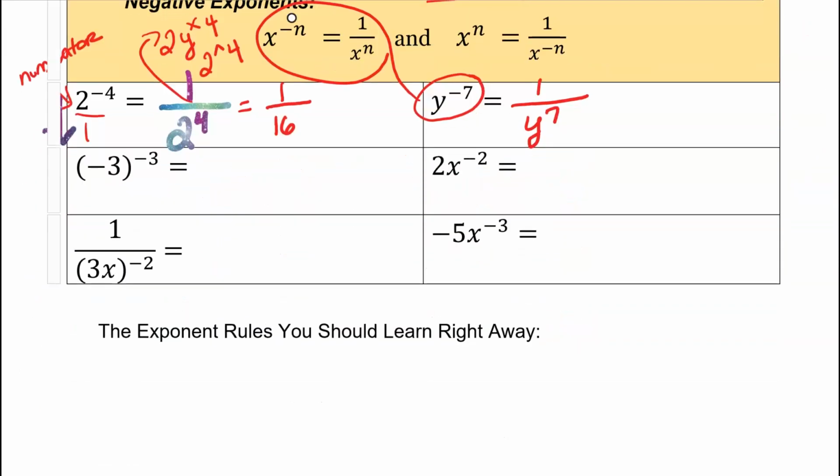Next, we have negative 3 to the negative 3 power. So notice all of this is inside of parentheses. One thing you could do is go ahead and drop all of this to the denominator. But what happens to your exponent? It's no longer negative 3. It's positive 3, right? And there's an understood 1 in the numerator. We are not done because negative 3 to the 3rd power means negative 3 times negative 3 times another negative 3, which is negative 27.